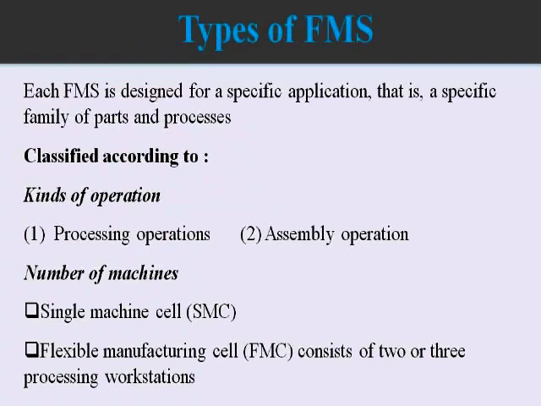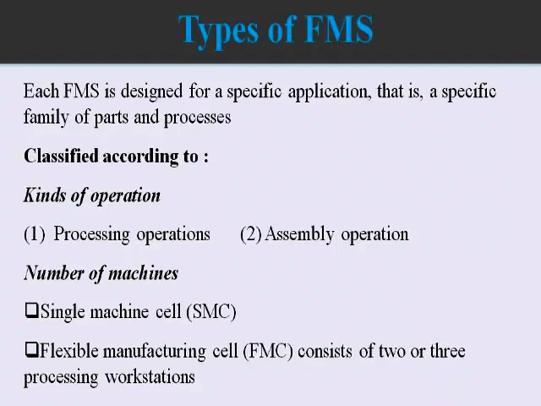Each FMS is designed for a specific application, that is, a specific family of parts and processes. We have discussed in the last group technology class that the parts can be classified into part families, and simultaneously the machines that are going to process these parts, we call them machine families. So by applying the GT methods, we can simultaneously formulate machine families and part families.